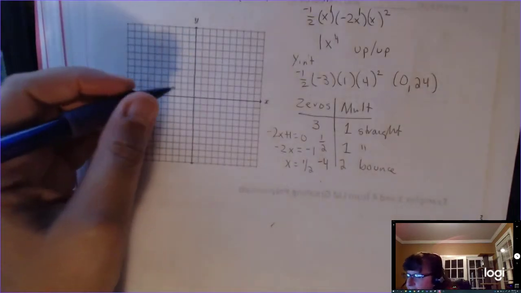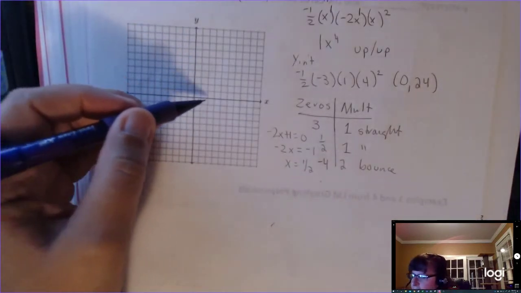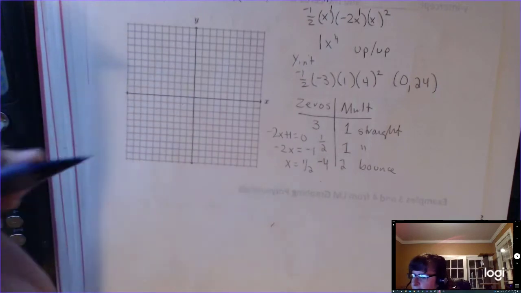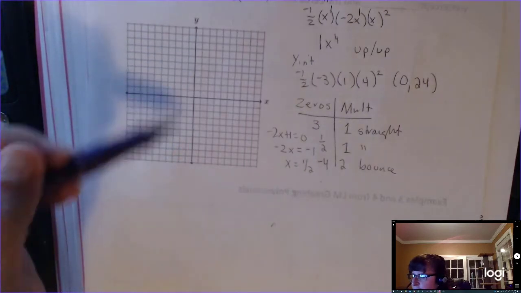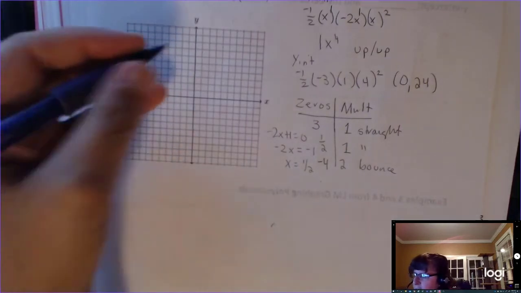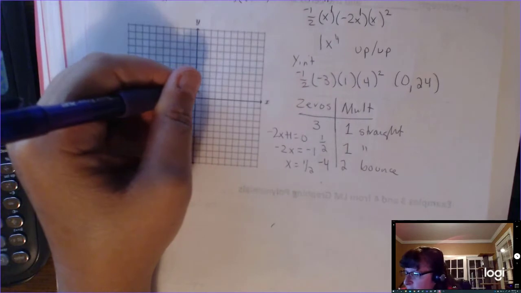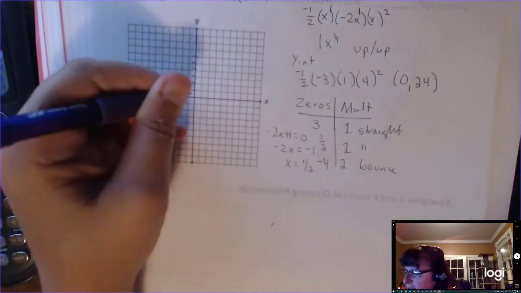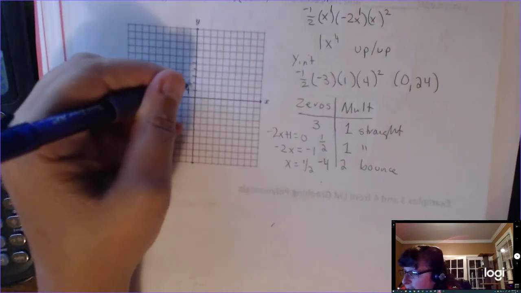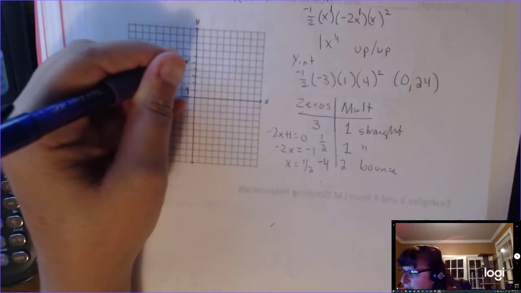You have 3, negative 4, and 1/2 as my zeros, and the y-intercept is (0, 24). So you have to figure out what you want to count by. I'll count by 2s, 2, 4, 6, 8, 10. Let's count by 4s. 4, 8, 12, 16, 20, 24.